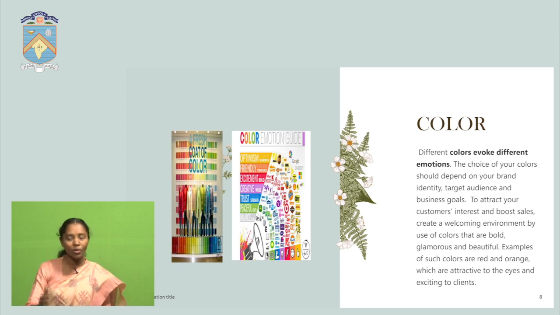So, the target market is really one of the most important things. According to the target market, their cultural preferences, taste, everything we should consider while merchandising our particular display.